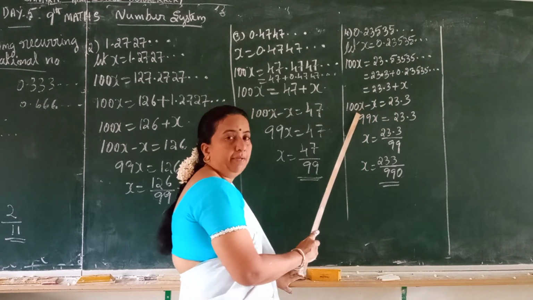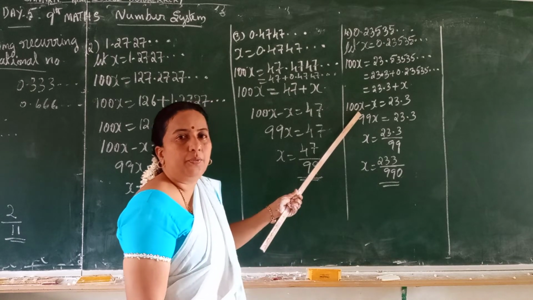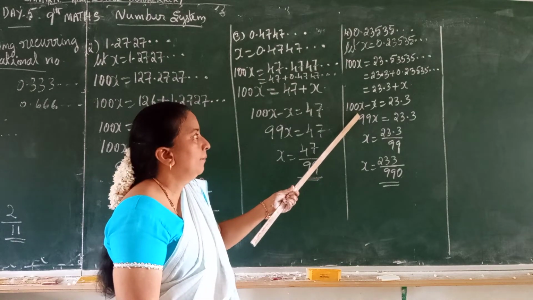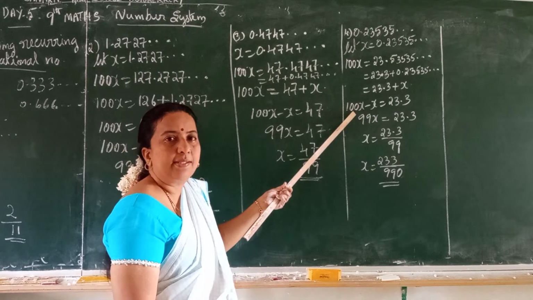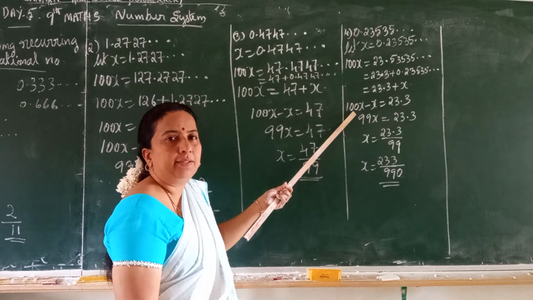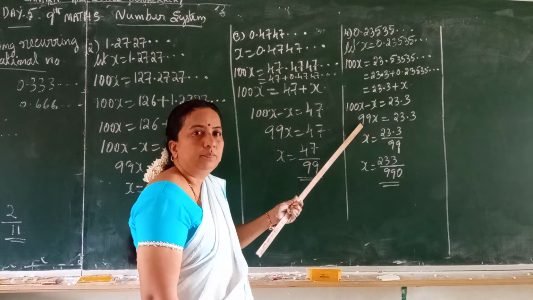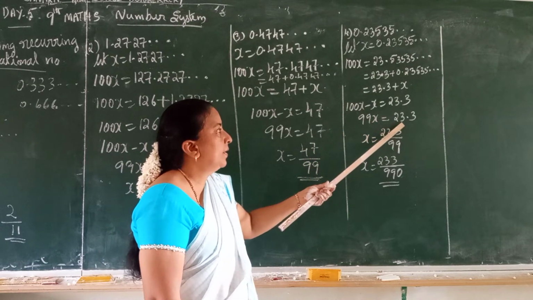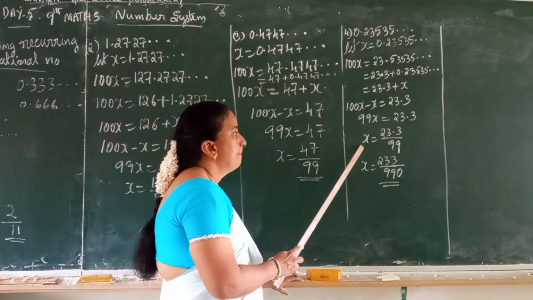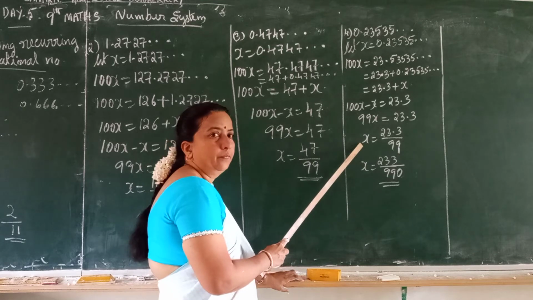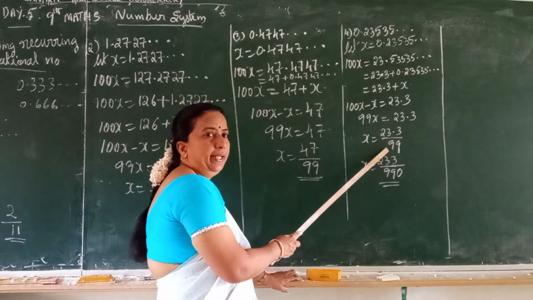Shift x to left hand side. 100x minus x is equal to 23.3. 99x is equal to 23.3. x is equal to 23.3 divided by 99.